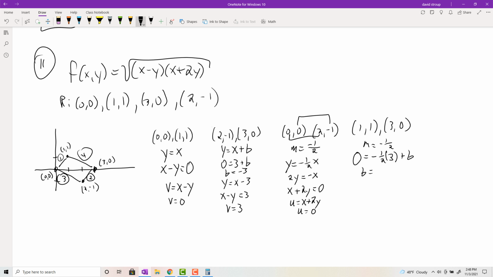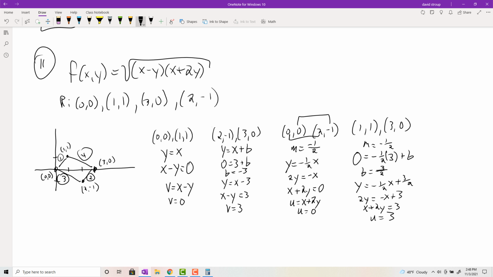So b is going to be positive 3/2. So our equation will be y equals negative 1/2 x plus 3/2. Multiply everything by 2, you get 2y equals negative x plus 3. So x plus 2y equals 3, and so u equals 3.